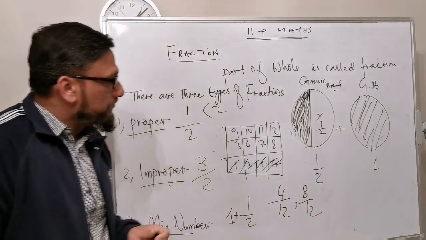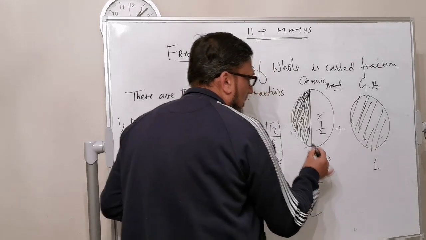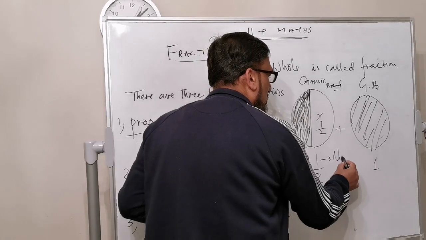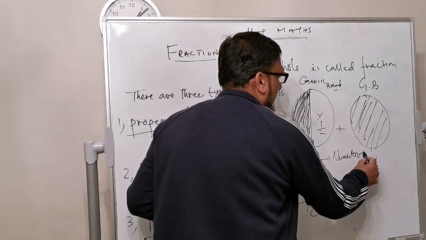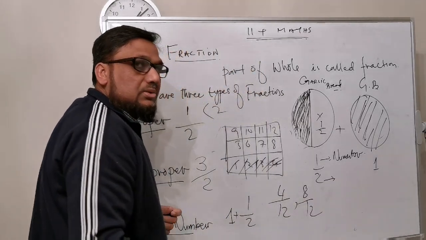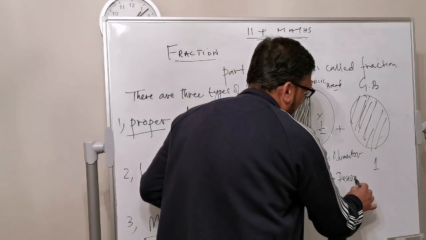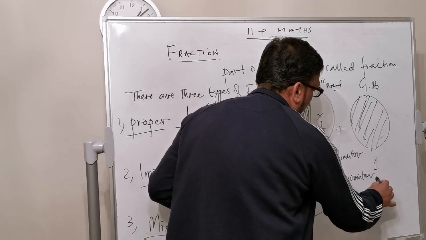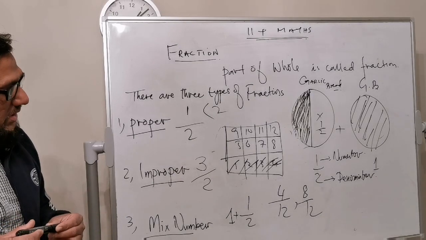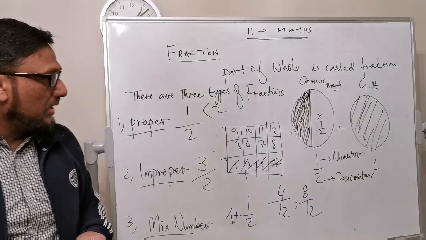In a fraction, there are two terms we use. The upper part we call the numerator, okay? And the second part, which is the lower part of the fraction, is called the denominator. The denominator represents the whole parts of a garlic bread, okay?